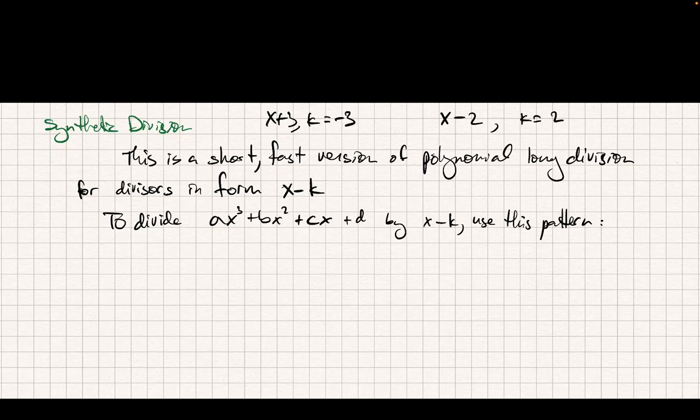So here's the pattern. Instead of writing x minus k out to the side, we're going to write k out to the side, and instead of doing a division bar like our long division, we're actually going to do it in this shape instead.